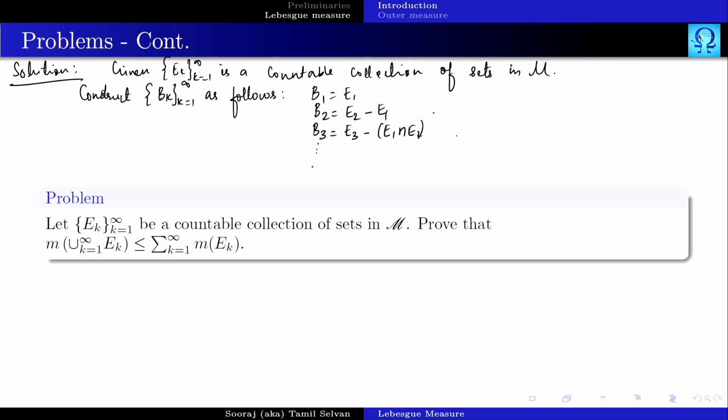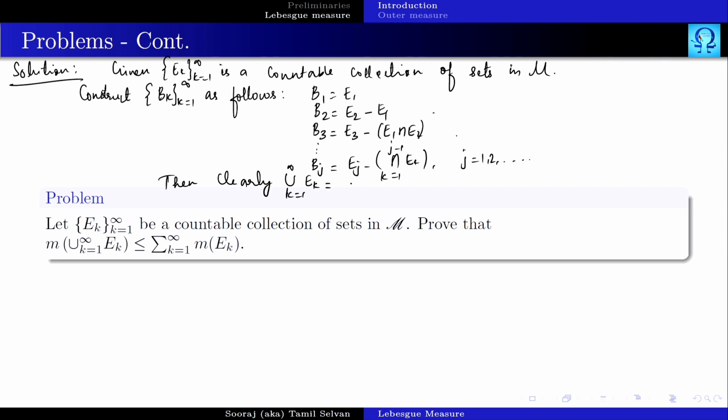So in general, B_j is E_j minus the intersection, k running from 1 to j minus 1, of E_k, for j running from 1 to infinity.